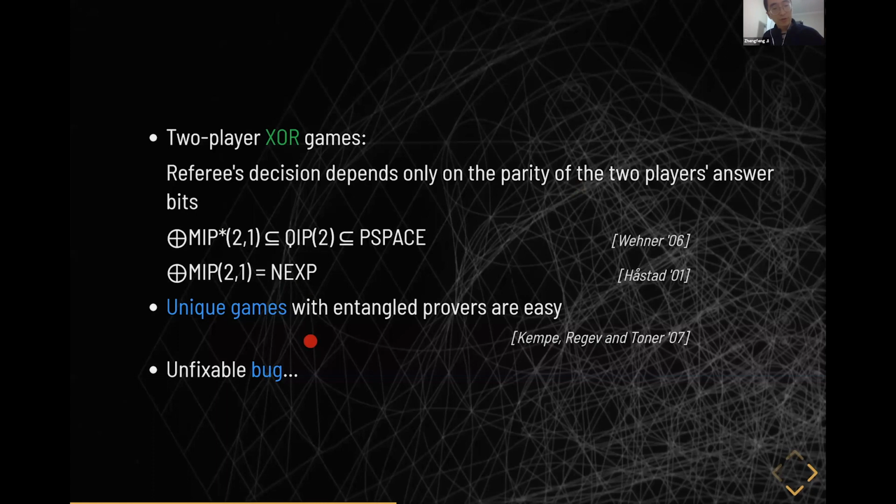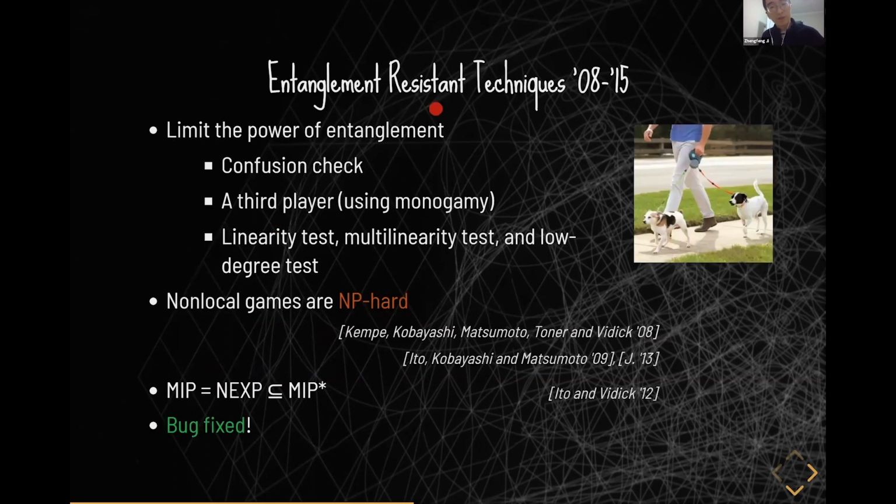There are some other examples, and that's an interesting perspective: sometimes entanglement causes an unfixable bug. Later on, people developed techniques to fight against this soundness problem. There are several different techniques; important to us are the linearity test, multilinearity test, and low degree test. That led to a breakthrough of Ito and Vidick in 2012, proving that at least with a star, the class is not smaller. So in some sense, the bug is fixed.